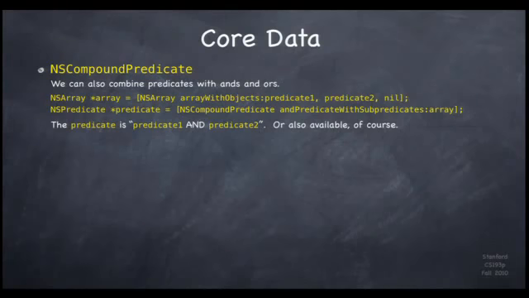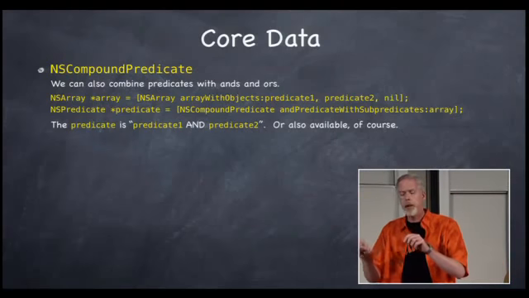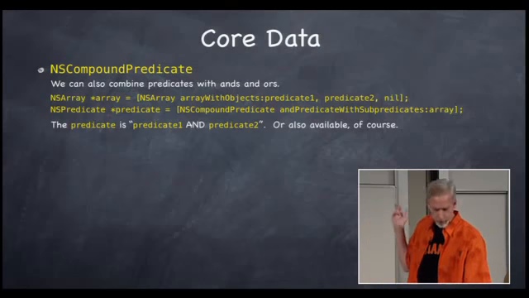And that would make it so that it's querying into the database, and predicate 1 and predicate 2 would both have to be true to match and return an object. Does it make sense? So there's and, or. Some people get confused here because they're thinking they want to put the ands and ors inside the predicate format strings, but this is a good way to do it.